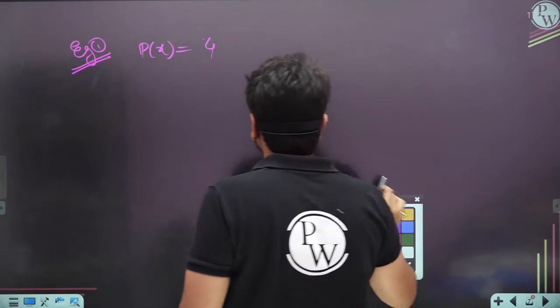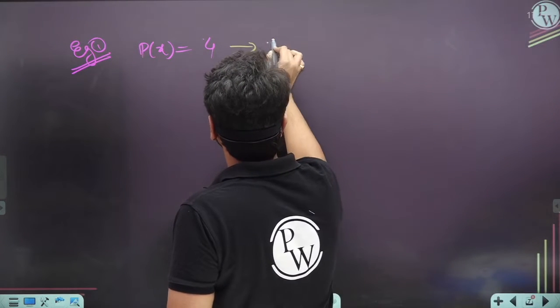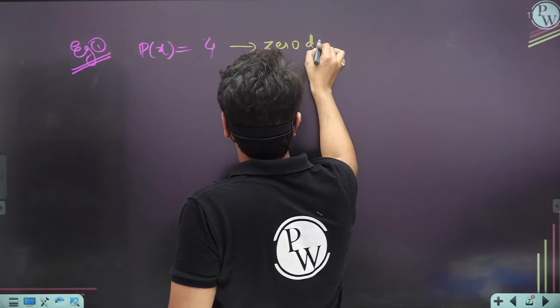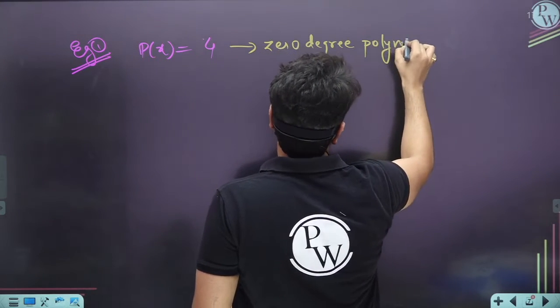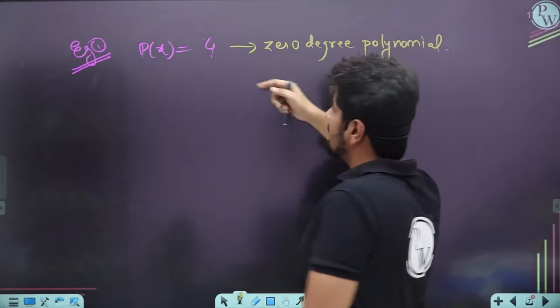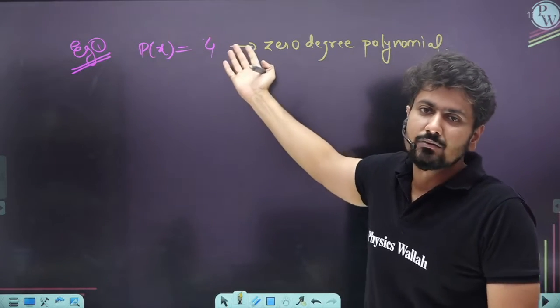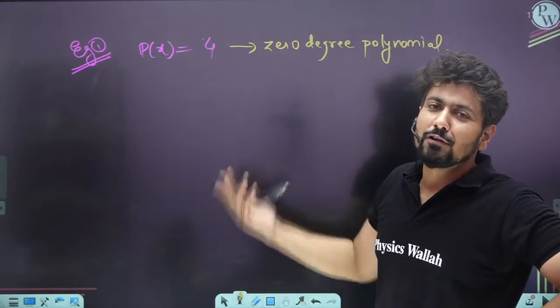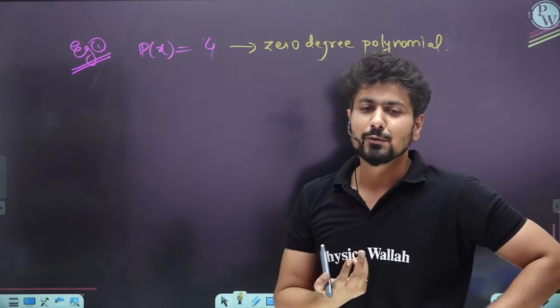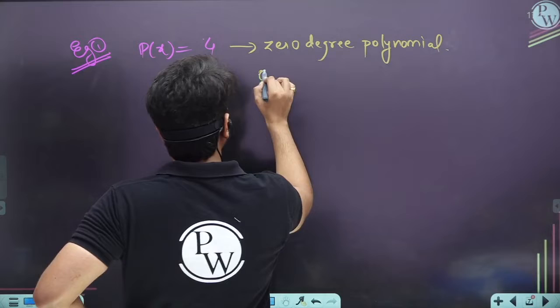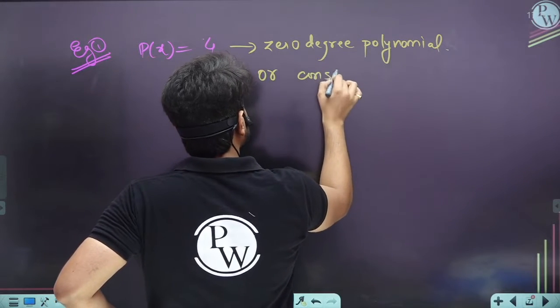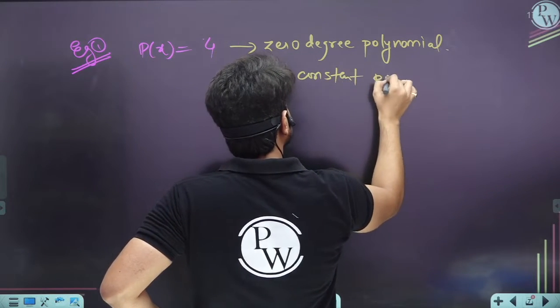This is known as a 0 degree polynomial, because there is no x present here. So what's the power of our variable? The power of our variable is 0. So we call it a 0 degree polynomial, or a constant polynomial.